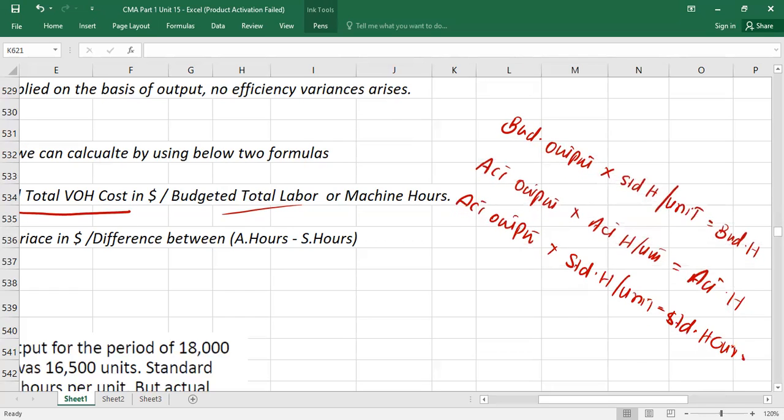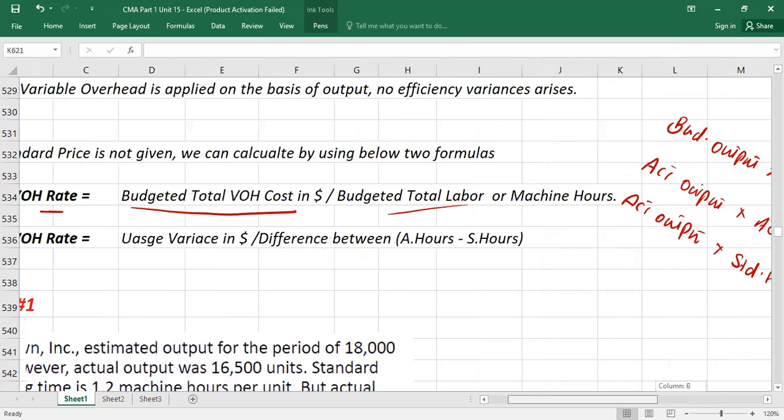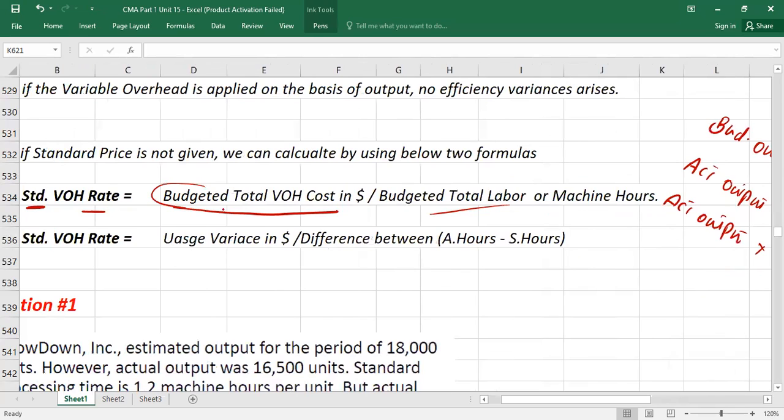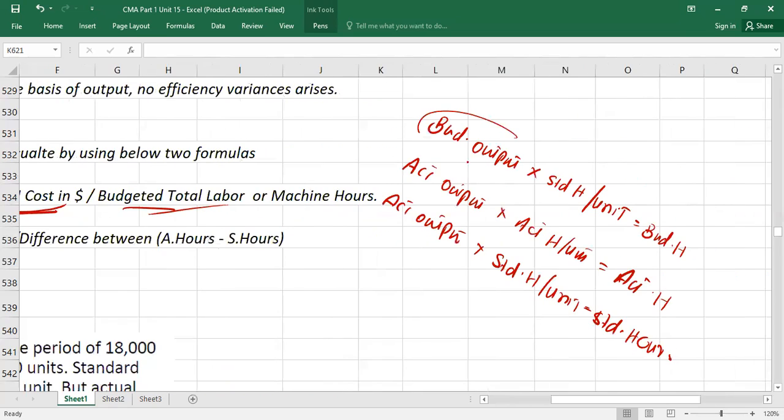So here, in the numerator I'll take budgeted total variable overhead cost divided by what? Budgeted hours. And budgeted hours, if it is not given, how you will find? By applying this formula. What is the formula? Budgeted output into standard hours per unit. Understood? Clear?